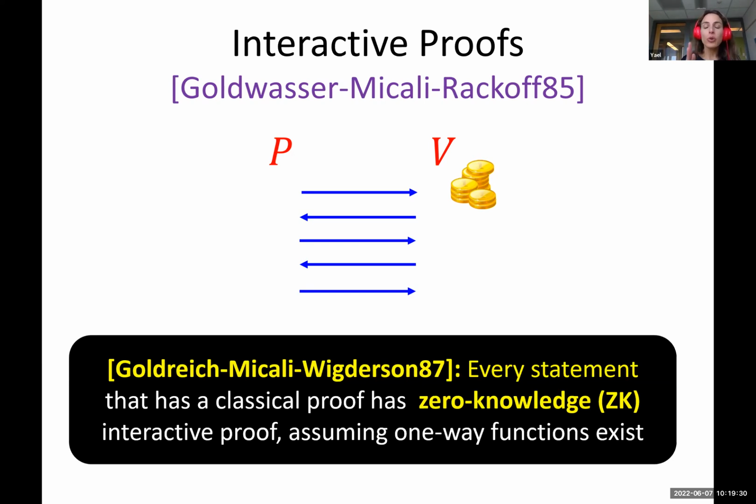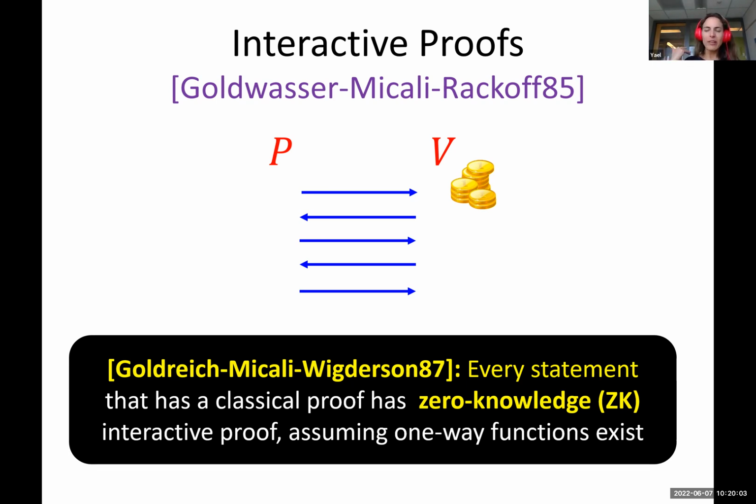But let me tell you, soon after this notion was introduced, a paper showed an amazing, very surprising result. Any statement that can be proved classically, not with a zero-knowledge proof, but with a classical proof, like a piece of paper, a classical witness, so like an NP statement, you can take any classical proof and convert it into a zero-knowledge interactive proof, assuming one-way functions exist.